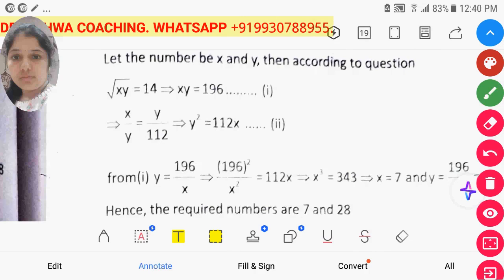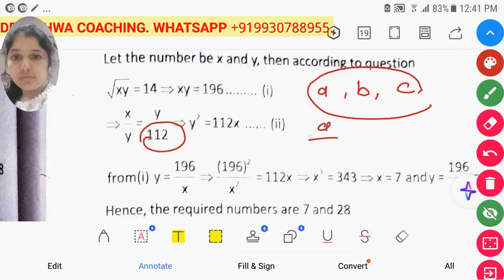So C's value is 112. The third proportional is what? C. So if the numbers are in proportion, then A is to B as B is to C. Here they have taken X and Y instead of A and B.